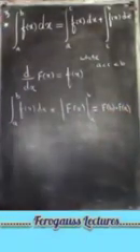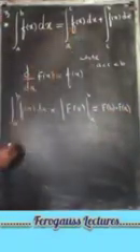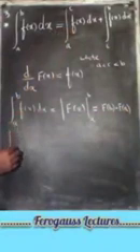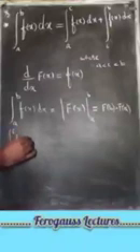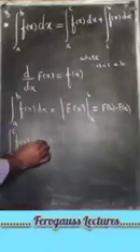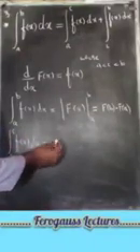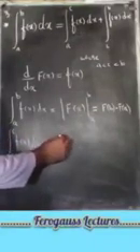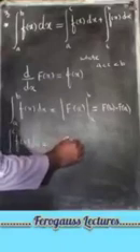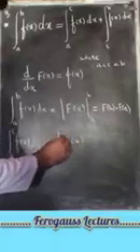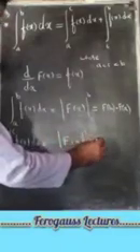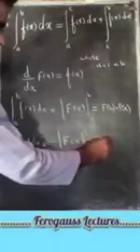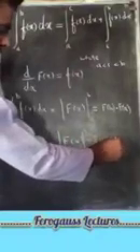Okay. Now we take this integral, it is a to c f(x) dx. This is equal to F(x) from limit a to c, and that is equal to F(c) minus F(a).